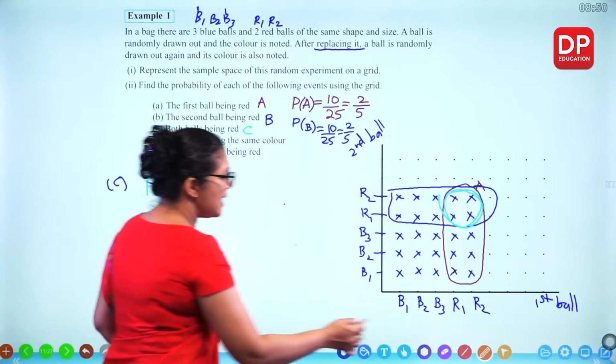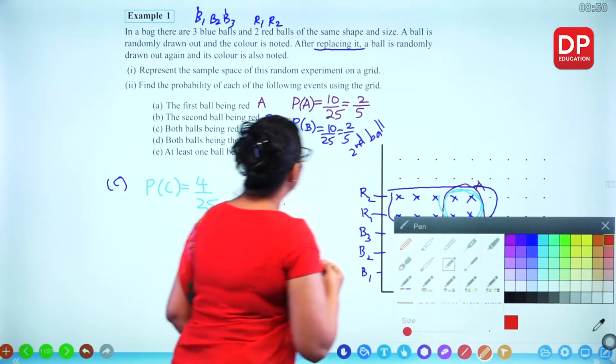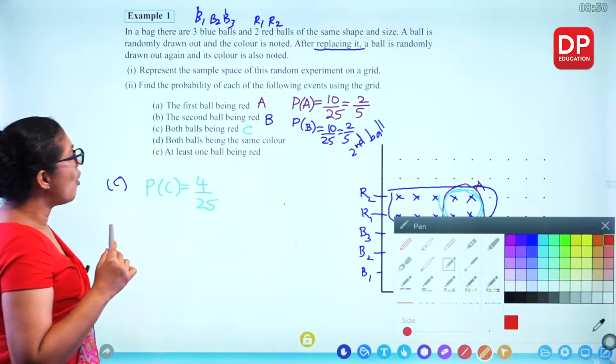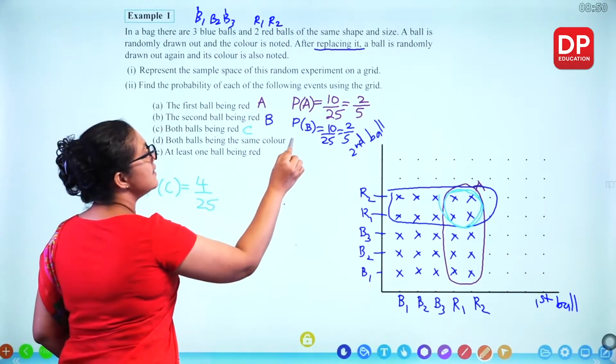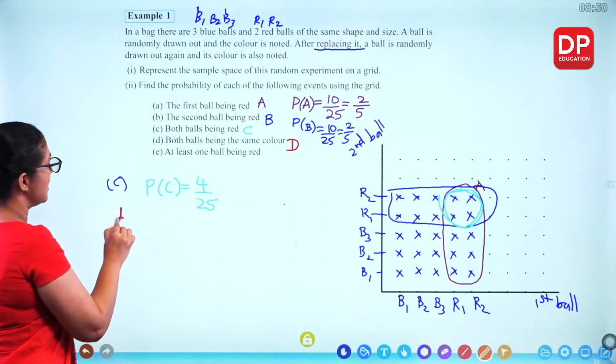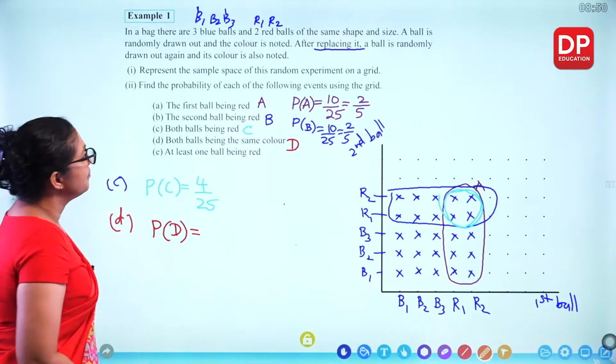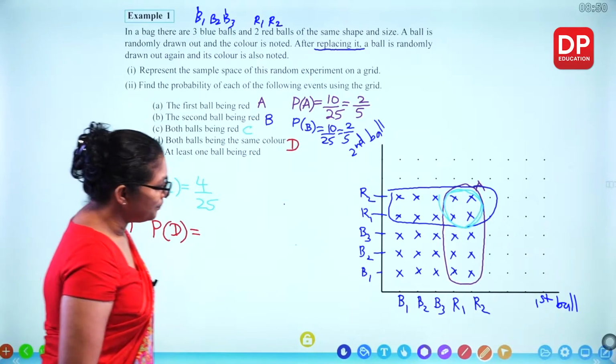Then part D, I'll take red color. Both balls being the same color. I'll label this as D. So what's the probability of getting D? Same color.